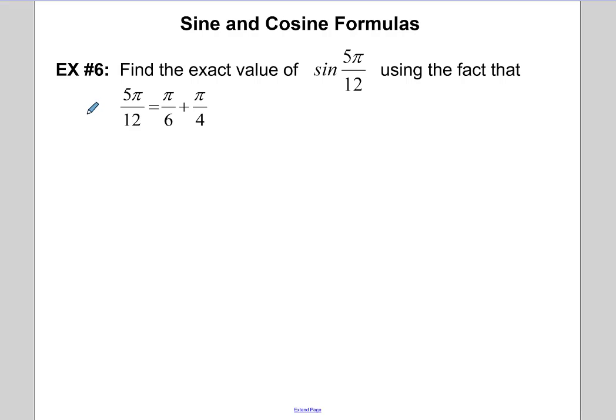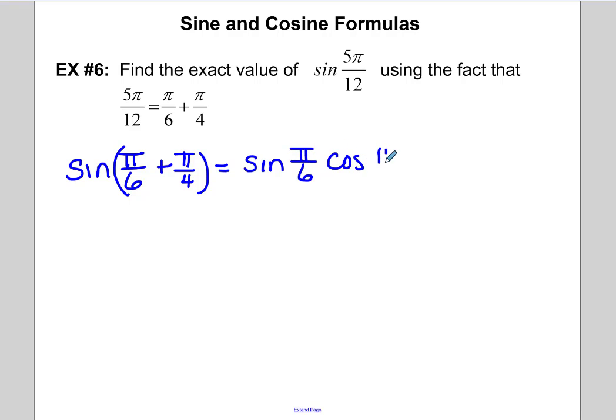Here's another one that is using the fact that 5 pi over 12 can be represented as 1/6 of a pi and 1/4 of a pi. So expanding using those two angles as our alpha and our beta angle. The pattern is sine, cosine, cosine, sine.